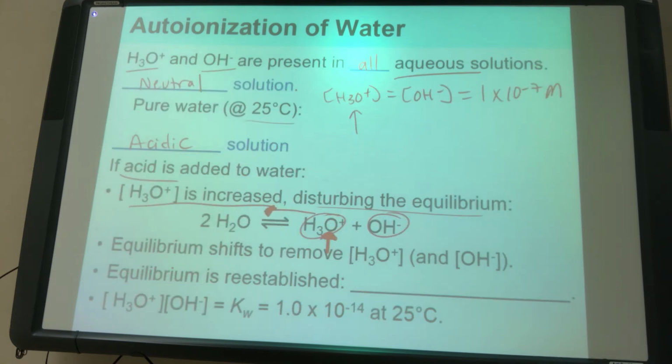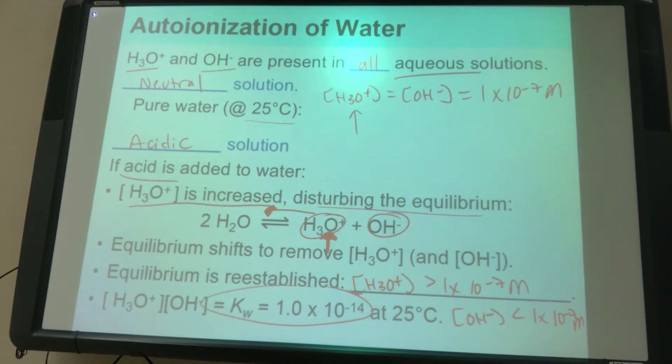So my H3O+ is going to be greater than 1 times 10 to the negative 7, and my OH- is going to be less than 1 times 10 to the negative 7. If one goes up, the other has to go down, because I have to keep that same Kw.